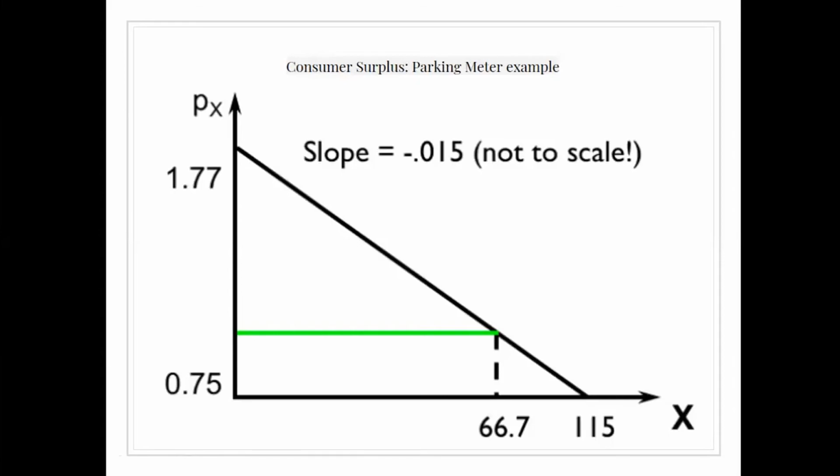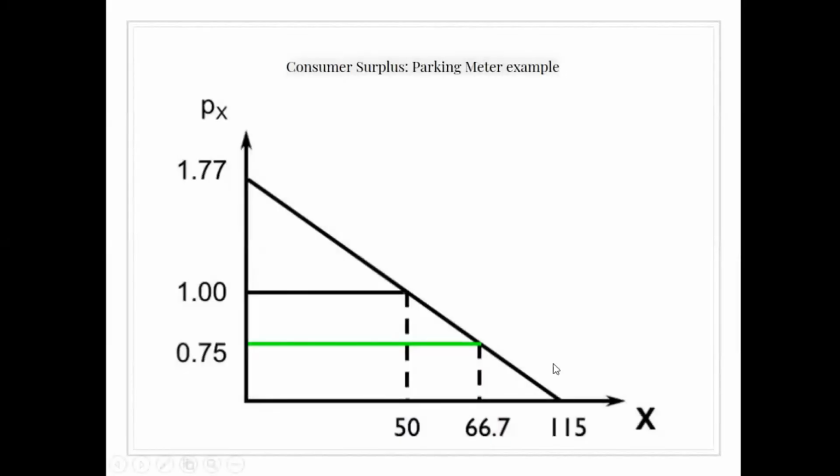So right now, the price is 75 cents per hour. And at this price, basically 66.7 thousand, let's say, there are almost 67,000 cars being parked. So what happens when the government decides to increase the price from 75 cents to $1?